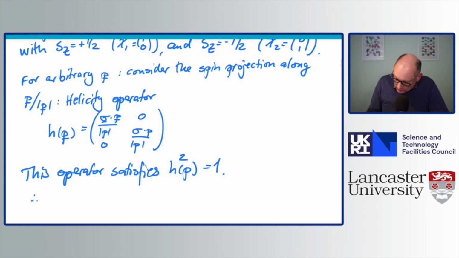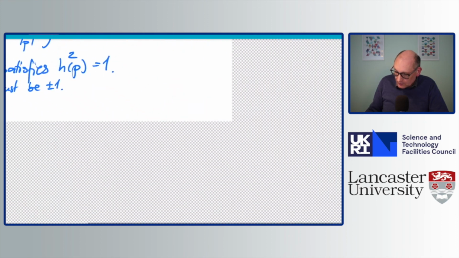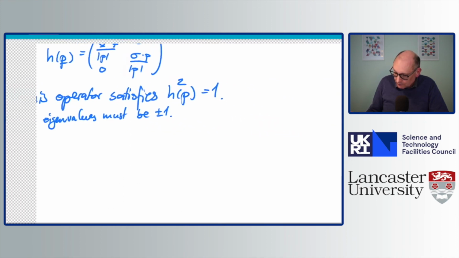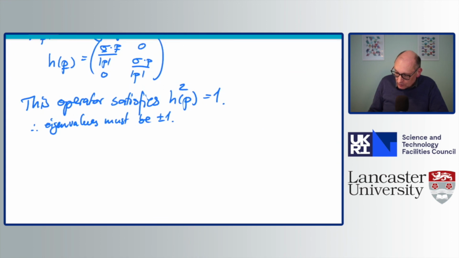So therefore, its eigenvalues must be plus or minus 1. So the helicity operator, which measures the spin projection along the direction of motion, has eigenvalues plus or minus 1.